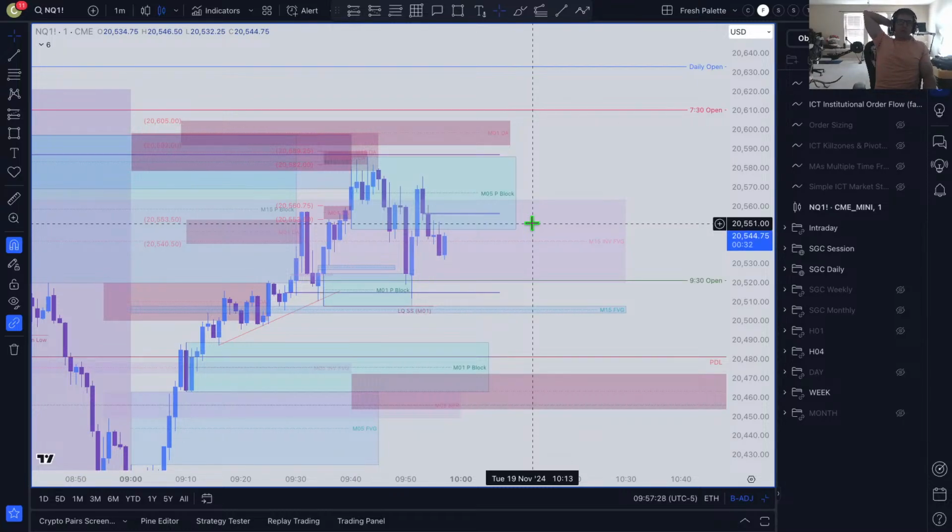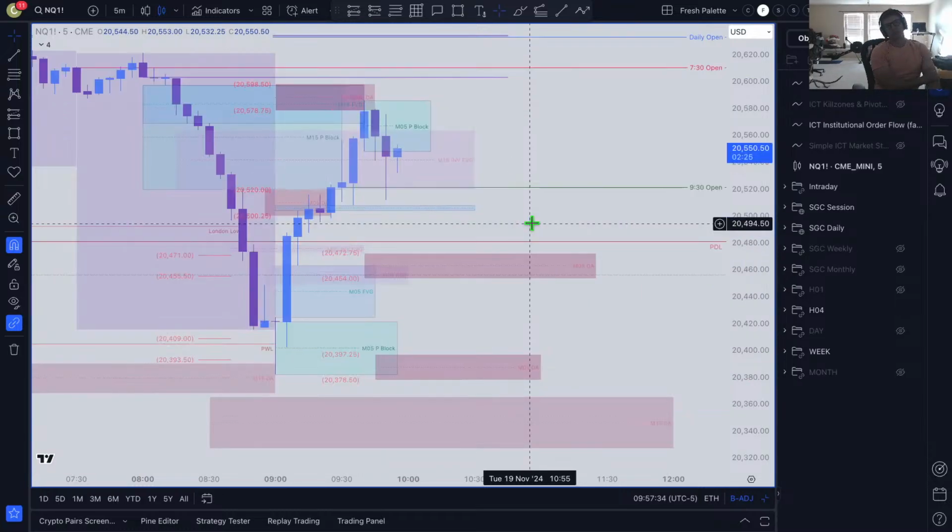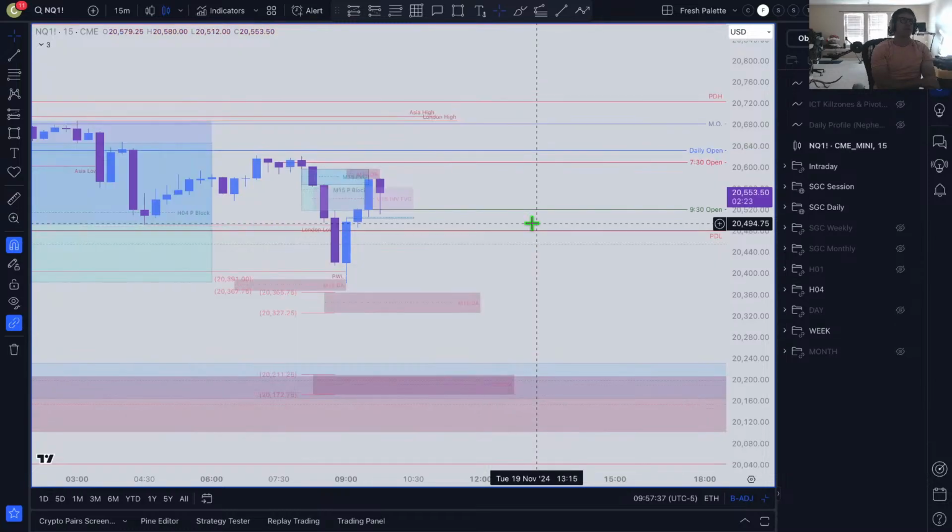M1 sort of aligns with M15 now, so you could argue that you could trade the M1. But again, that M15 to me isn't that strong because these objectives that you would be trading were really generated as we met other objectives, and so I don't trust them as much.